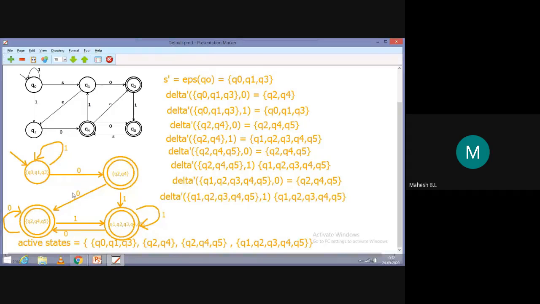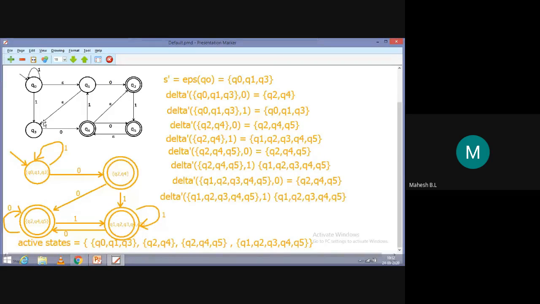So this is the NDFSM. This is the corresponding DFSM. So just compare. See here, Q0, Q1, Q3 all are equal actually. That's why we have one state for that. Then Q0 on 1 goes to Q1 and Q3, so both are there in this.